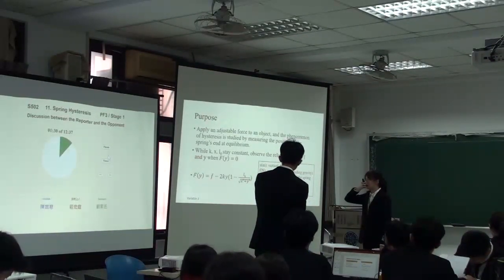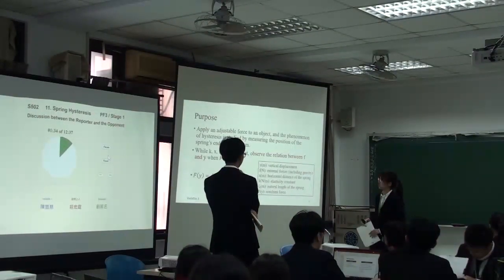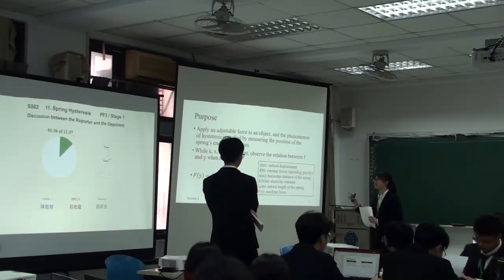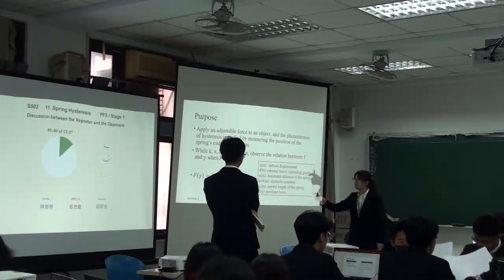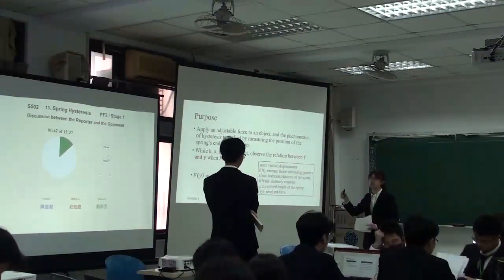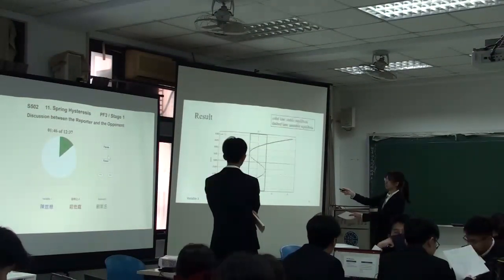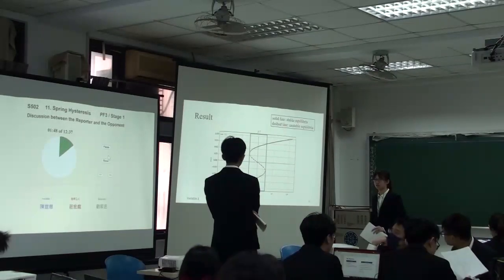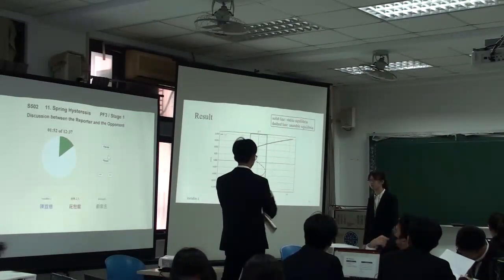We keep the other parameters constant, and we observe the relationship between the external force and the vertical displacement of the spring while the resultant force equals 0. And we use Python and we get this chart. So you use Python to get this chart? Yes. Okay.